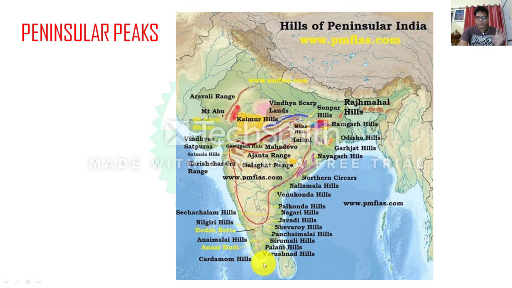The height is very low: the Northern Circars, then the Nallamala hills, then the Velikonda, Palkonda, the Nagari hills, the West Javadi hills, Shivaroy hills, then Panchamalai hills, Sirumalai hills, Palani hills, and the Varushanad hills. So these are the hills located in the Eastern Ghats.